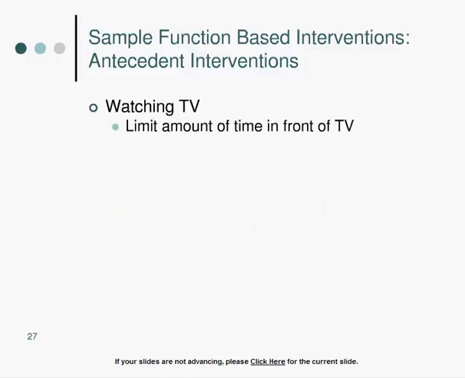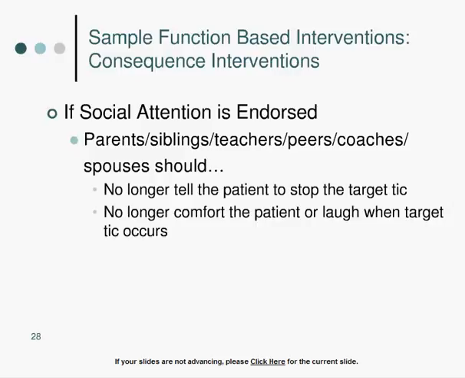So, for example, a very simple example: if a particular antecedent is watching TV, if a kid gets worse in terms of their tics while they're watching TV, obviously you can limit the amount of time that they spend watching TV. Or in terms of consequences, if siblings or parents or even classmates always laugh after somebody tics, they can be educated around that.